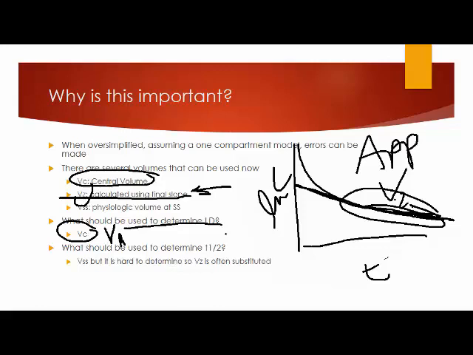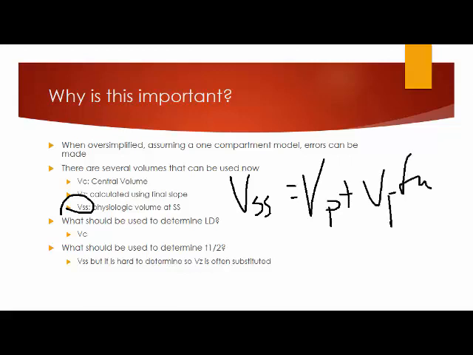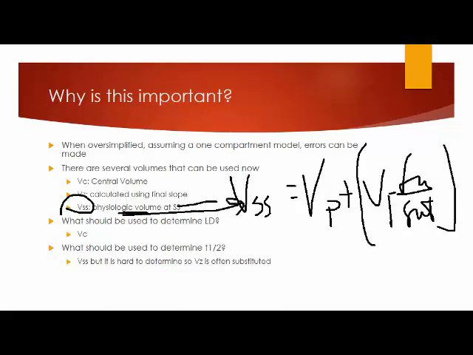It doesn't necessarily represent physiologically what's happening, which is the difference between that and the volume of distribution at steady state, which is what we use from a physiologic standpoint to make decisions about what to do with dosing regimen. This is actually a physiologic volume, which is hard to measure because people object when you measure your plasma volume or your tissue volume and drain all your blood to measure it.